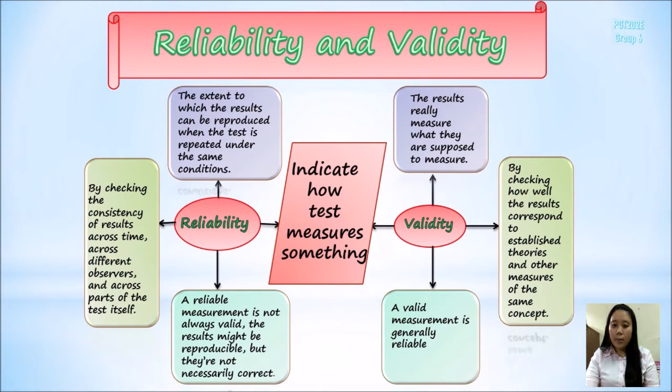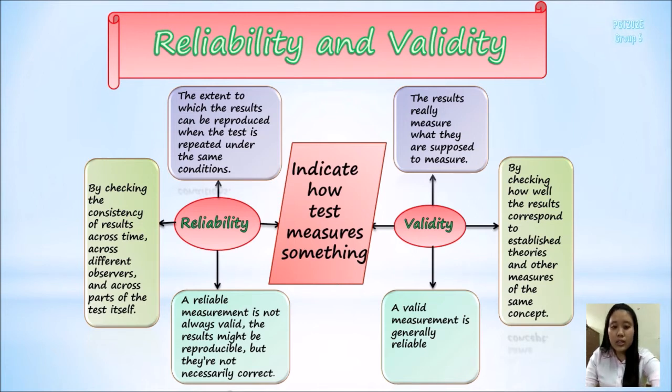So from here we can see that reliability and validity are two important aspects in test quality, and both of these are used to indicate how well tests measure something. The first difference between reliability and validity is, reliability refers to the extent to which the results can be reproduced when the test is repeated under the same conditions.